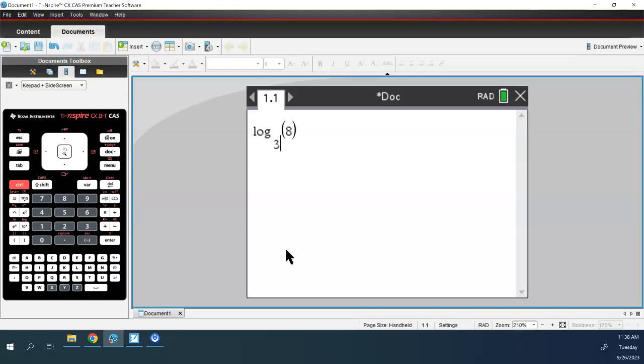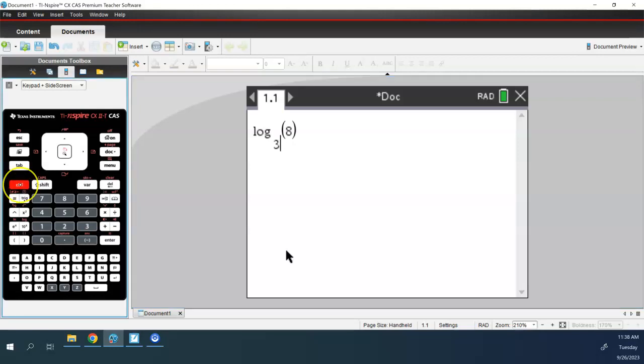So it's going to say that is log base 3 of 8. To get the decimal approximation, you hit control first, then hit enter. Like we said, in between 1 and 2, closer to 2 than it is to 1.